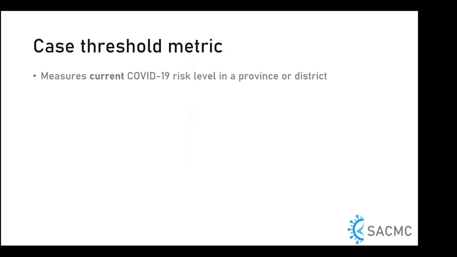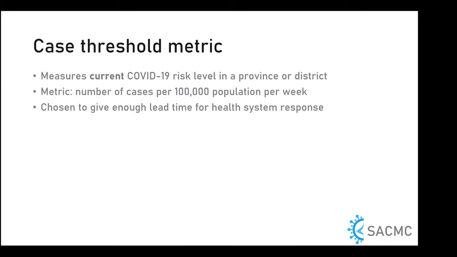So first, let's talk a little bit about the case threshold metric. This particular metric is focused on measuring the current COVID-19 risk in a province or a district. And this particular metric is where we measure the total number of cases per week. So our daily cases summed up over a week per 100,000 population in an area, that is a province or a district.